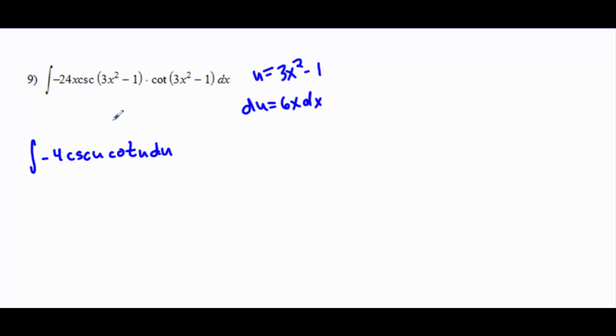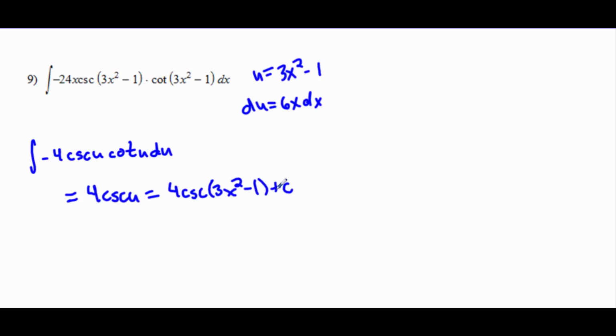And so that's good that that happened, that these were both used, because this is how we're going to be able to take the integral. The integral of cosecant u cotangent u is negative cosecant u, and since our answer is negative and there's a negative in front here, that makes it switch signs so that it's positive for cosecant u, and then we input the parentheses back plus c.